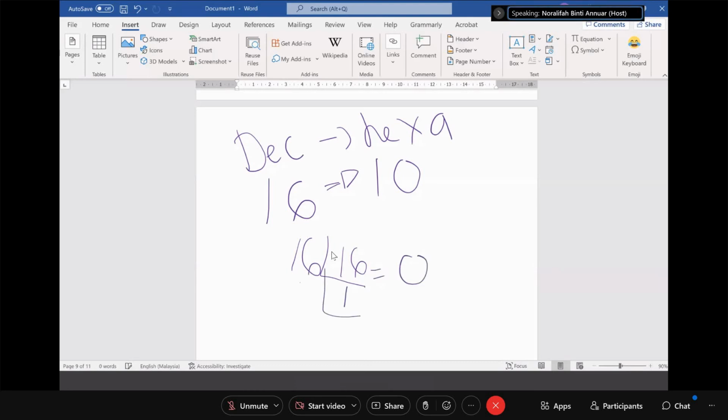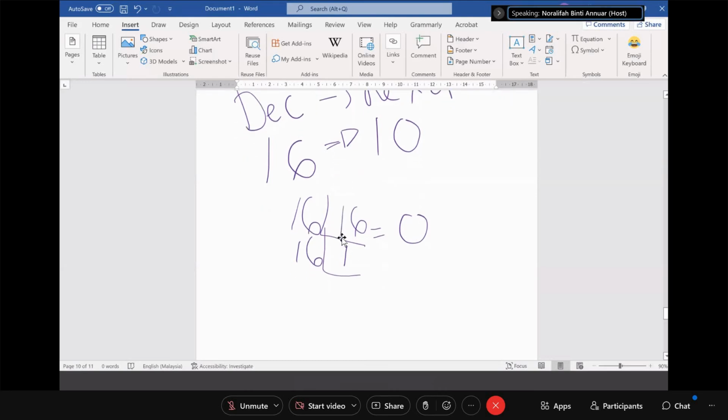Then further divide because you still have value here. We cannot divide it anymore, you put 0. So we get 1. And how you read this? So you get 1, 0. As easy as that.